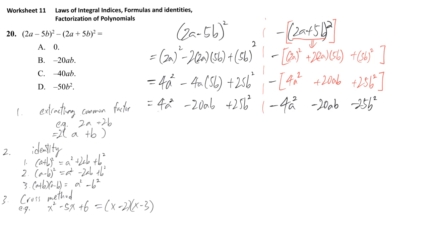We find that 4a squared and negative 4a squared add together to become 0. Positive 25b squared minus 25b squared becomes 0. So only negative 20ab, and then minus another 20ab, the result is negative 40ab. Only the middle term is left, and the answer is C.